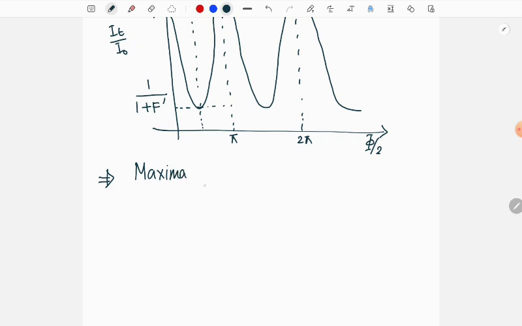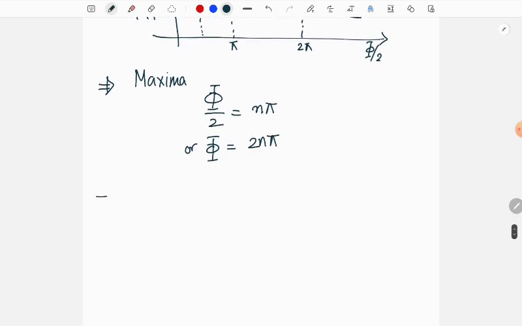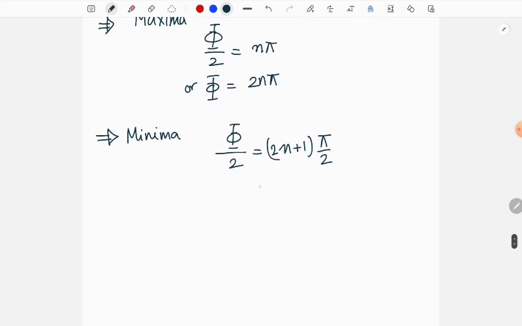For maxima we need phi by 2 to be n pi, or phi should be 2n pi, and for minima, phi by 2 has to be odd multiples, so (2n plus 1) times pi by 2, or basically phi should be (2n plus 1) pi.